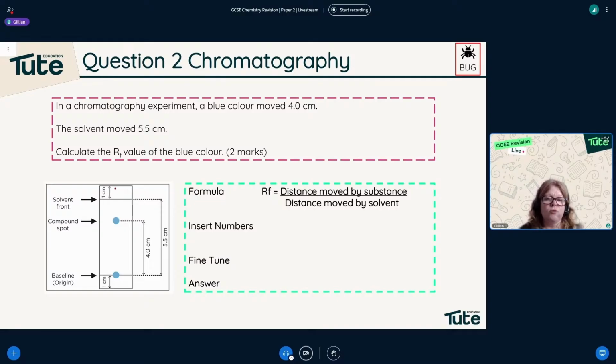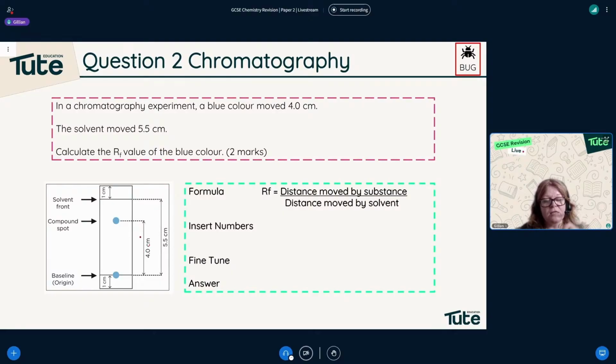And when you do a chromatography experiment, you get this chromatogram. And I'm going to give you another top tip. Now, in this question, they've given you the distances. You might be asked to measure these distances tomorrow from a chromatogram diagram.